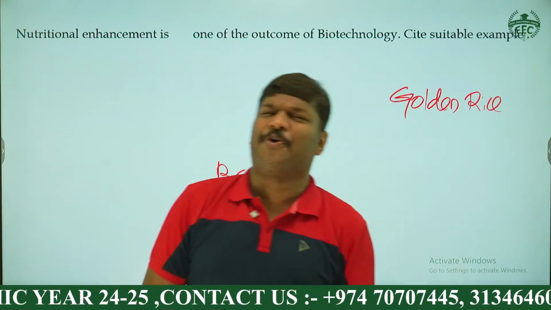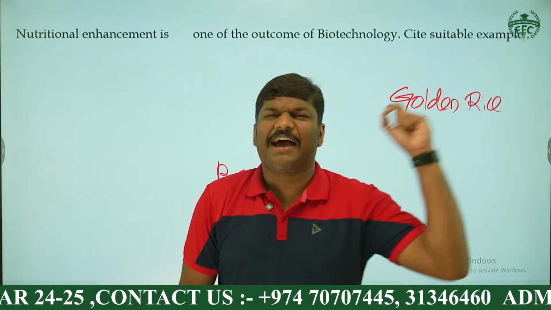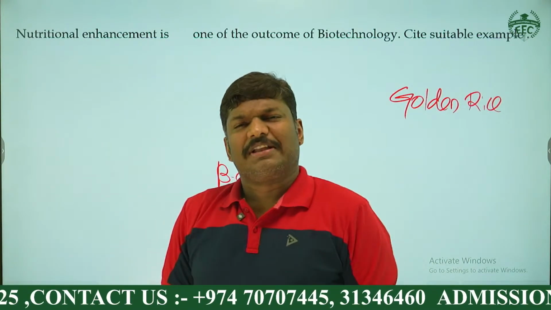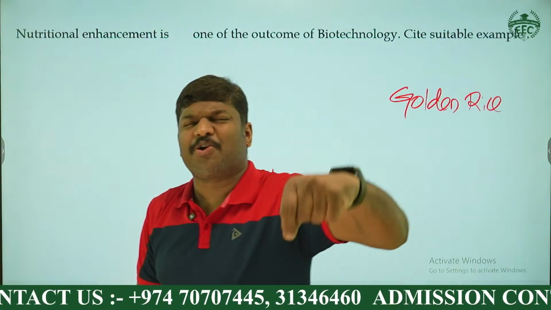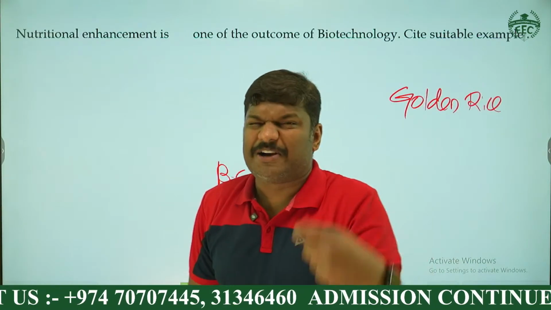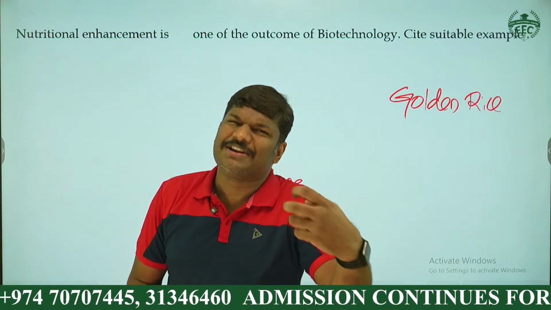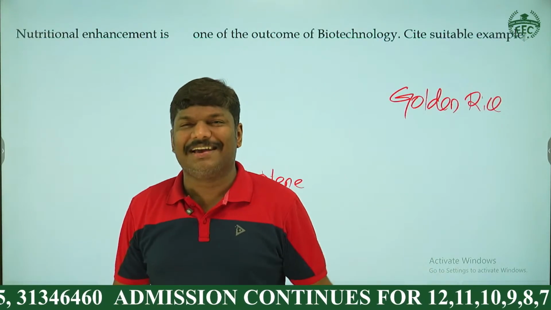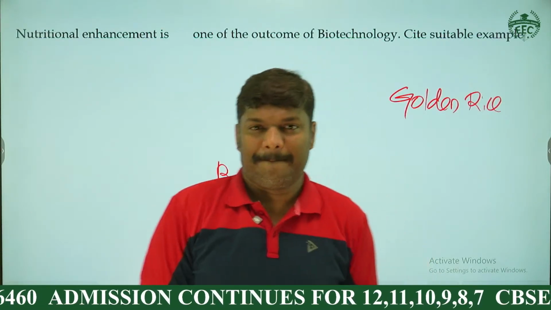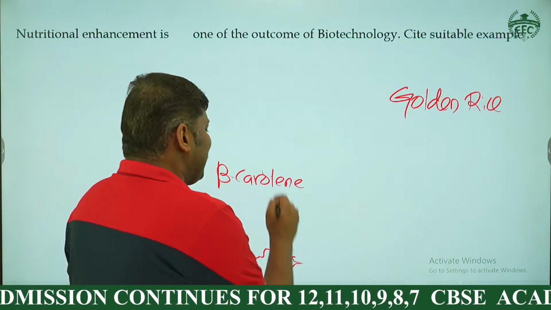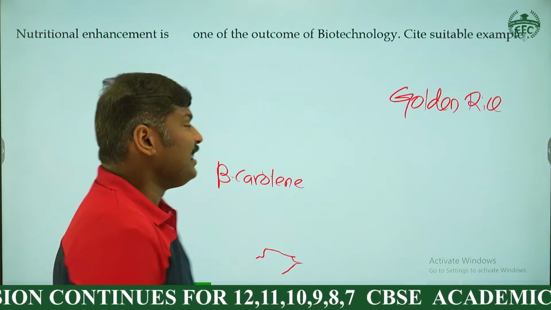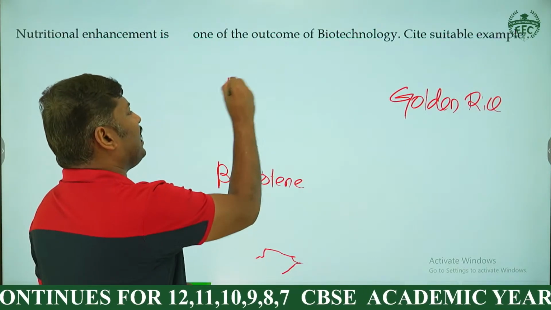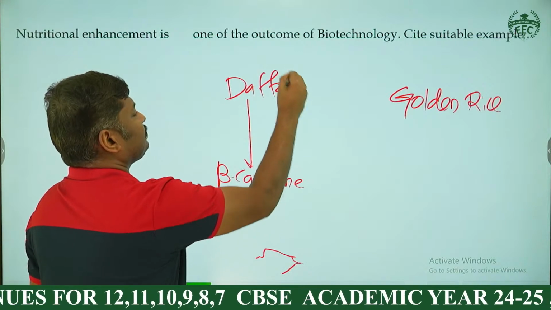What is the solution for avoiding night blindness? The rice itself has a beta carotene or vitamin A gene. Means what? When the person is taking the golden rice, the person is getting vitamin A. There is no issue related to night blindness or vision. In golden rice, which gene is taken? Beta carotene, taken from a plant called daffodils.